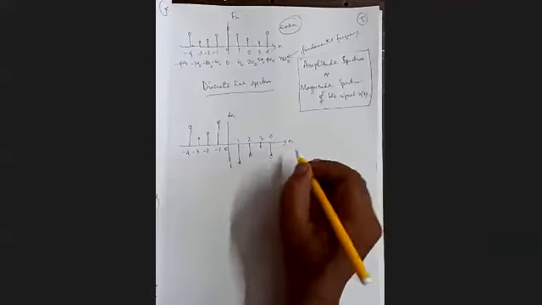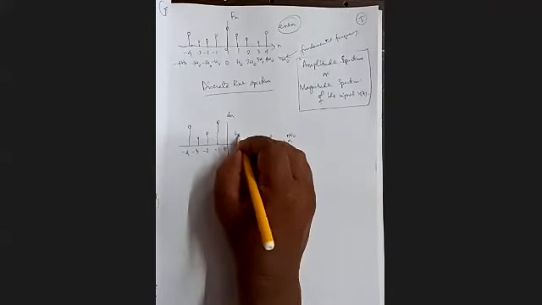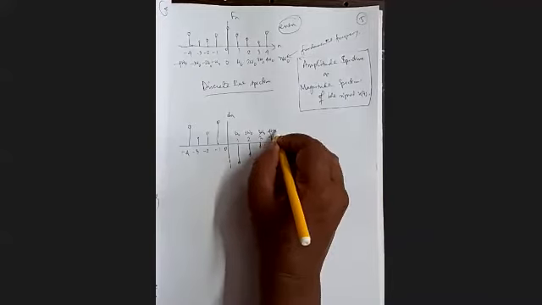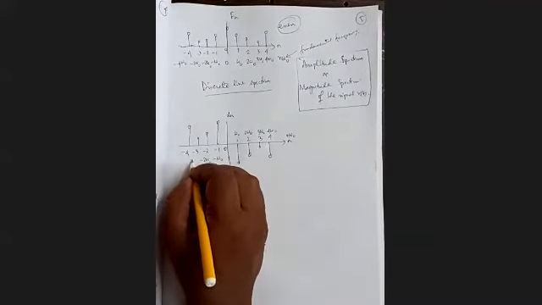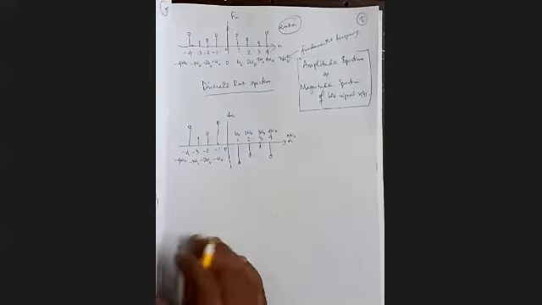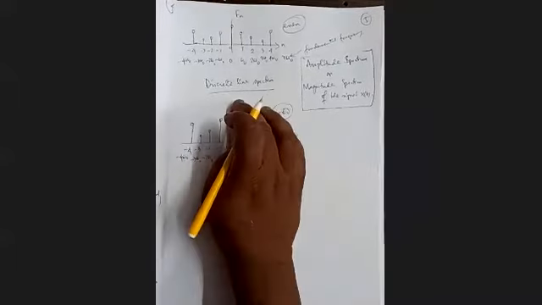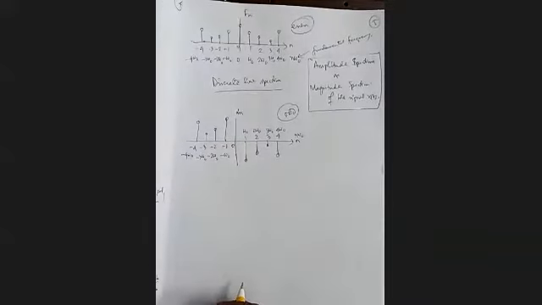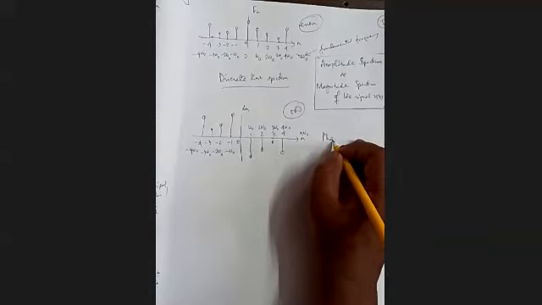This is n. So in the n omega 0 scale, it will be omega 0, 2 omega 0, 3 omega 0, 4 omega 0. And it will be always an odd function. It is a plot of the phase of the frequency term. Alpha n is the phase of the frequency term. It is called the phase spectrum.